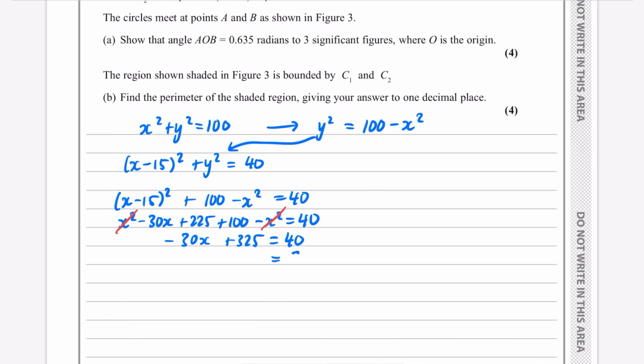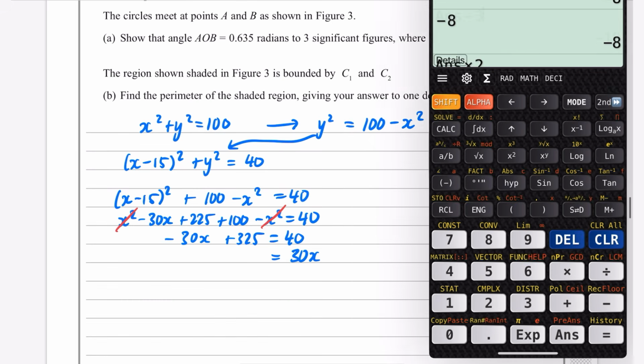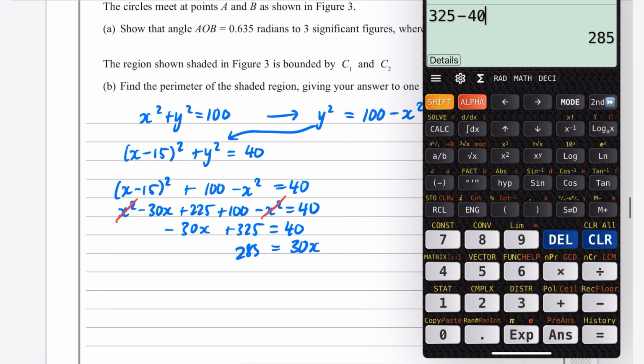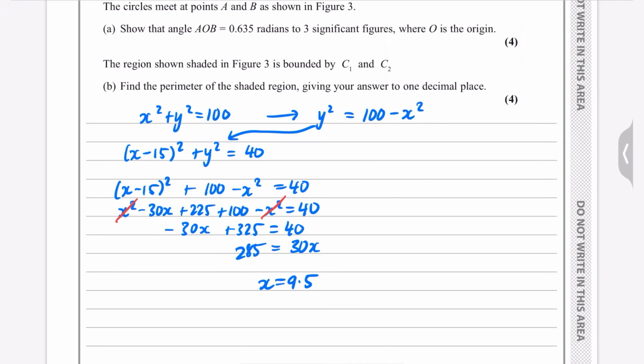So I'll put the 30x onto the other side, and I'll do 325 take away 40, being very lazy here, which is 285. So I'll do 285, and I will divide that by 30 so that I get the x coordinate is 9.5.